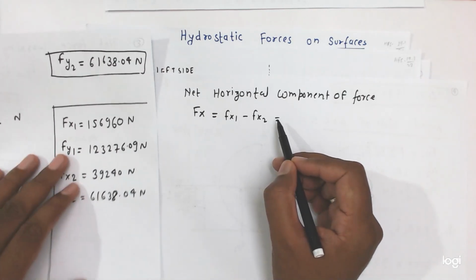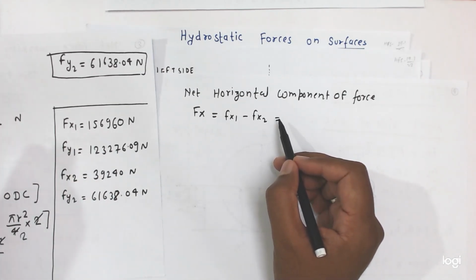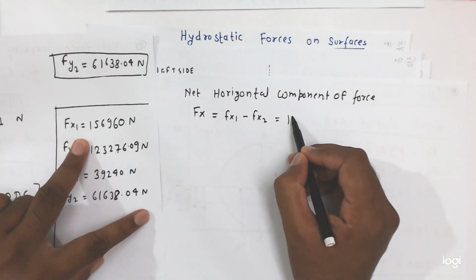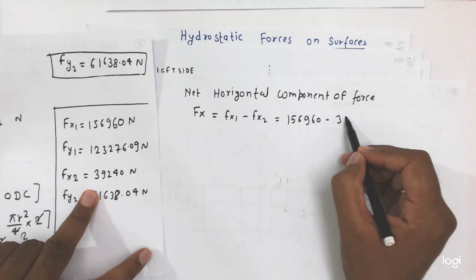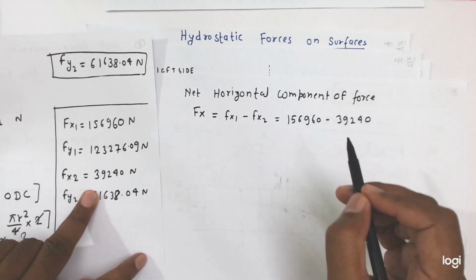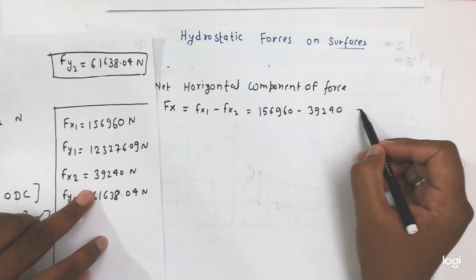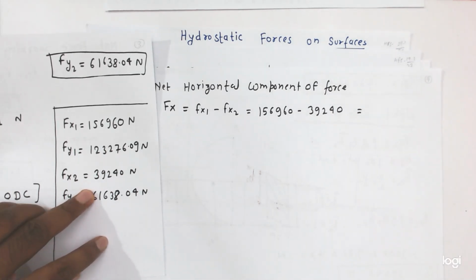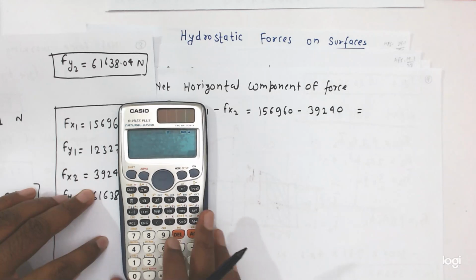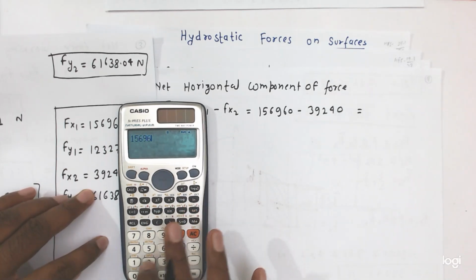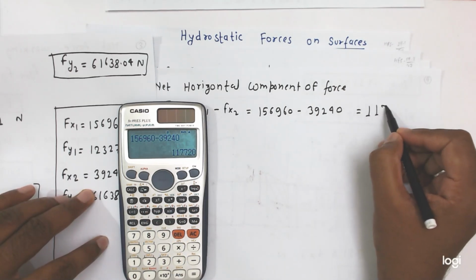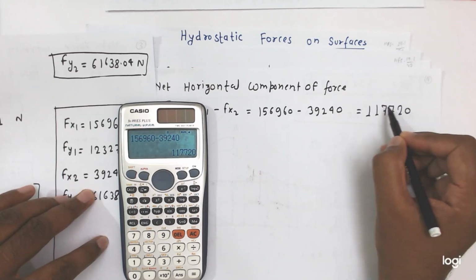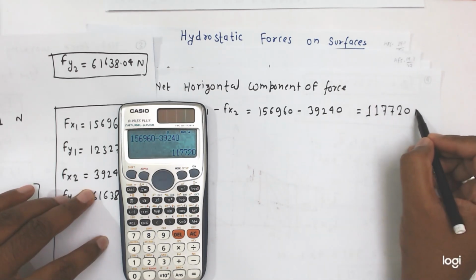So 156,960 minus 39240 will come to 117,720 Newton.